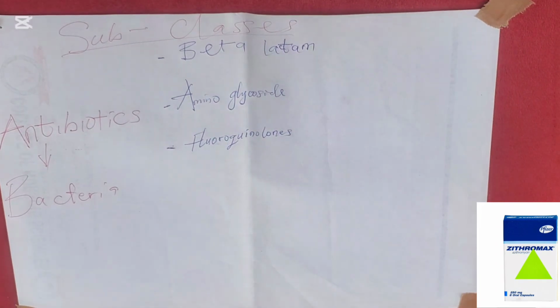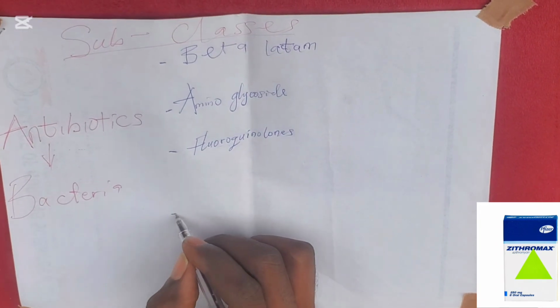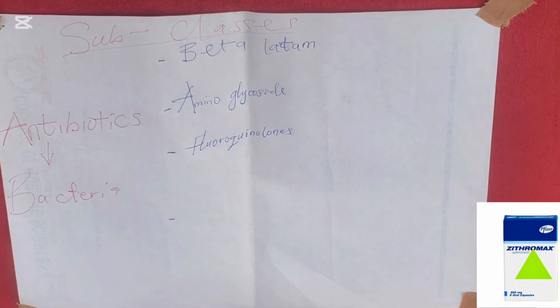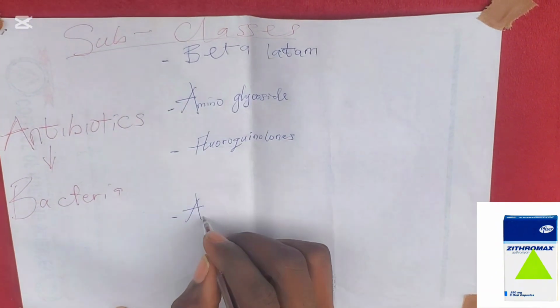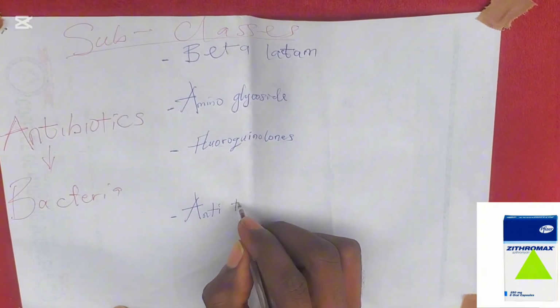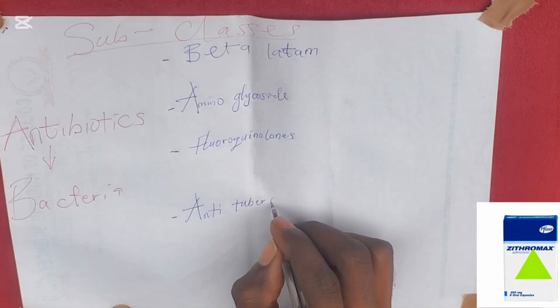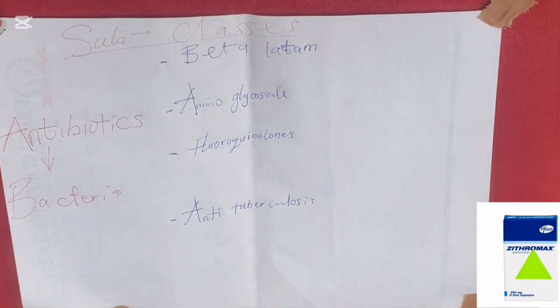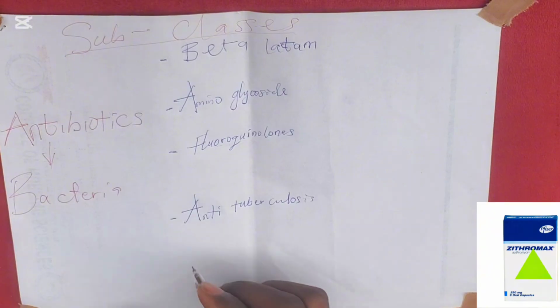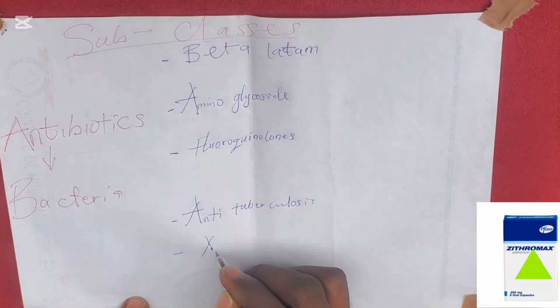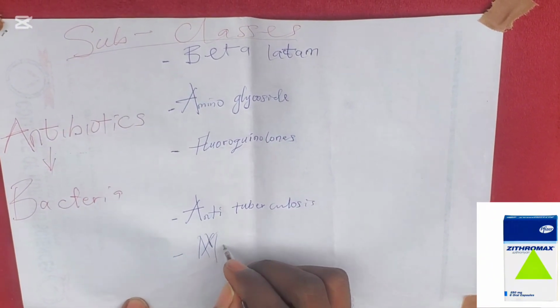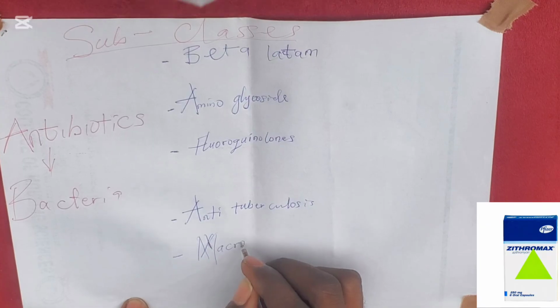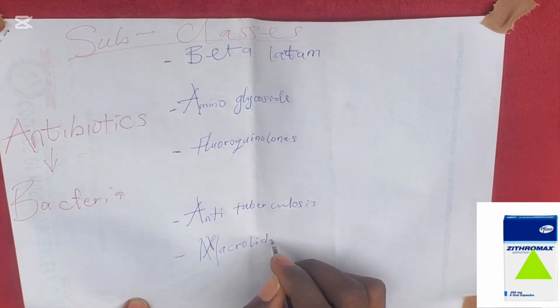F-L-U-O-R-O-Q-U-I-N-O-L-O-N-E-S. The fluoroquinolones. After the fluoroquinolones, we have the anti-tuberculosis. After anti-tuberculosis, we have the macrolides. M-A-C-R-O-L-I-D-E-S.